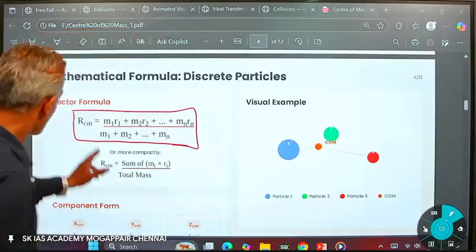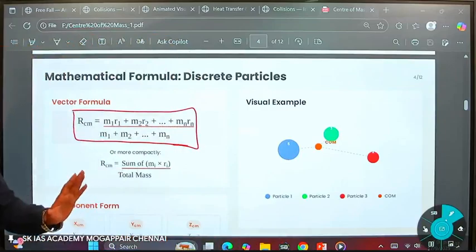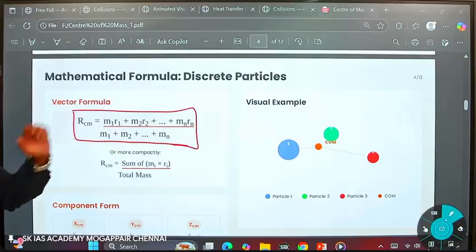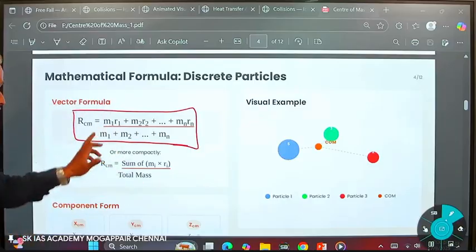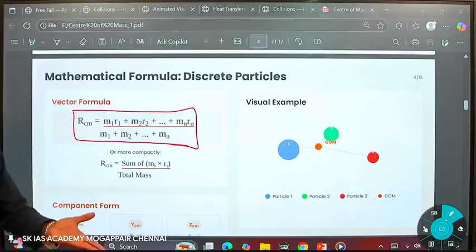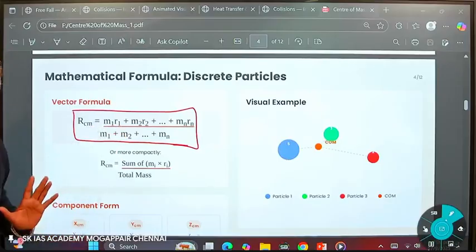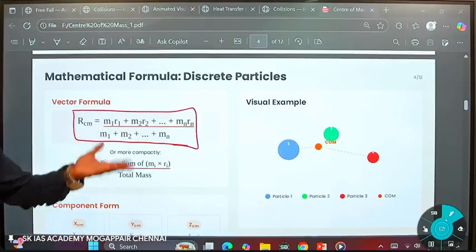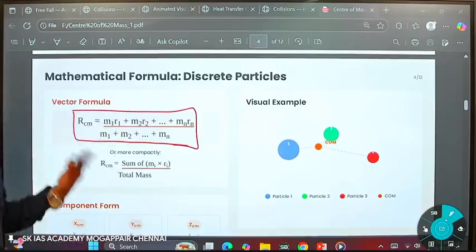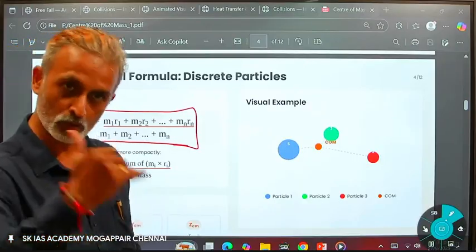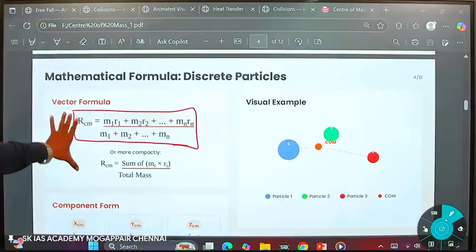Okay, so don't memorize anything. M1 R1, then in velocity M1 V1, acceleration M1 A1, correct? X axis M1 X1, Y axis M1 Y1, Z axis M1 Z1. Don't memorize any formula, go through the concept. Okay, so this is the concept behind the center of the mass.